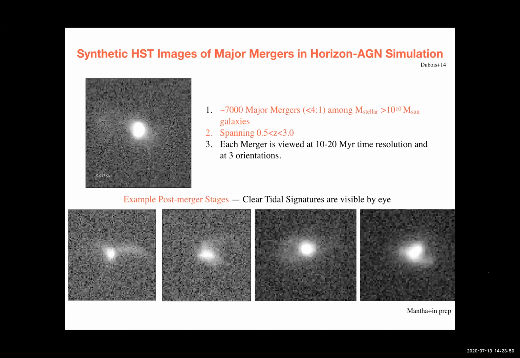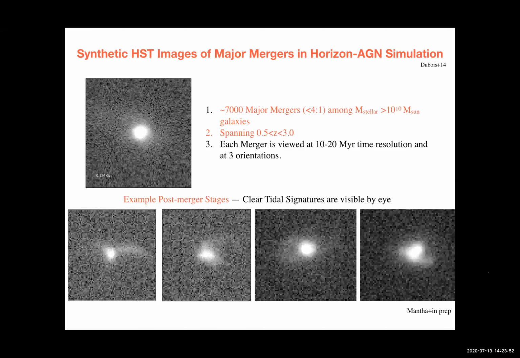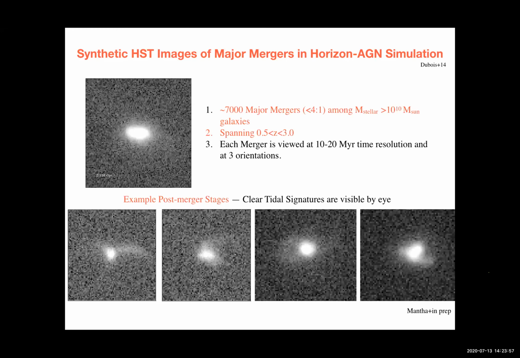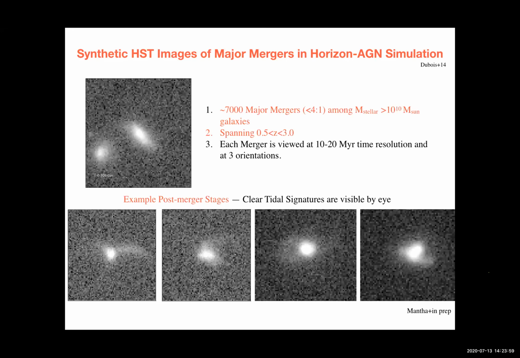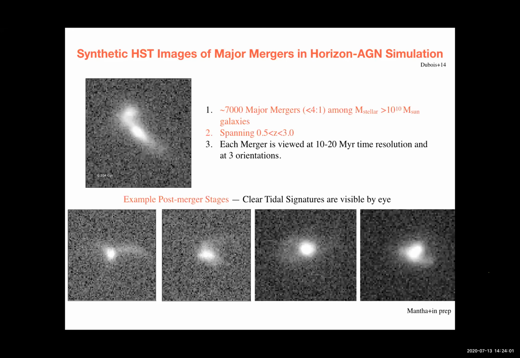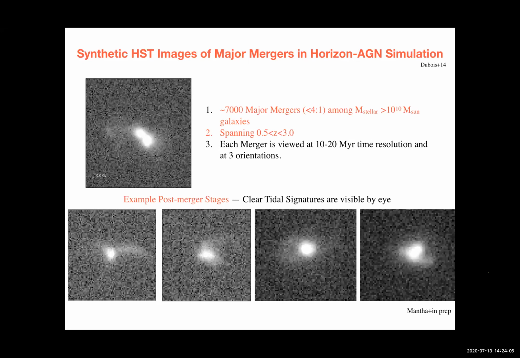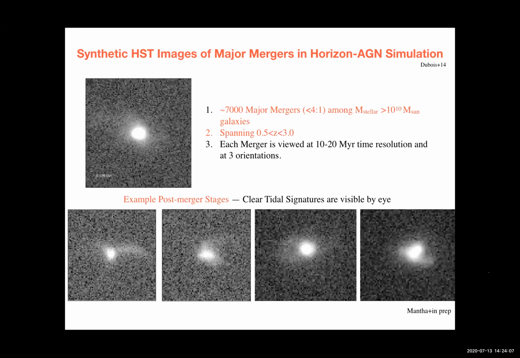And you can clearly see, by eye, the visual tidal features there. So we want to analyze a specific time step after the coalescence to understand what suite of features these mergers exhibit, and could we understand the detectability of them, how long we see them, etc.